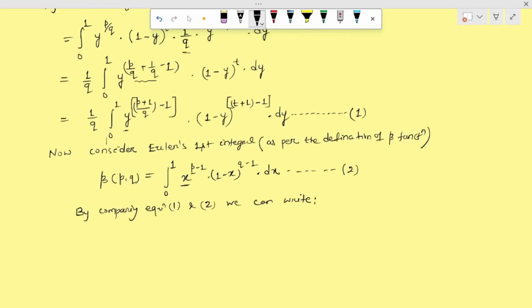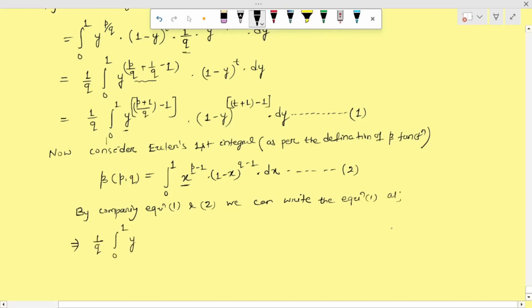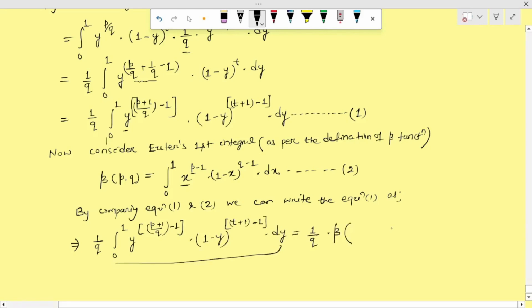So if I compare equation number 2 and equation number 1, we can write equation number 1 as: 1 by q integration 0 to 1 y to the power p plus 1 by q minus 1 into 1 minus y to the power t plus 1 minus 1 dy will be equal to 1 by q, and this integral is nothing but beta of p plus 1 by q, t plus 1.